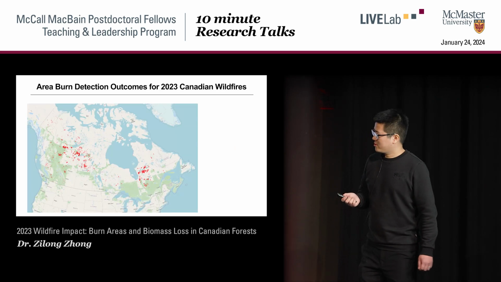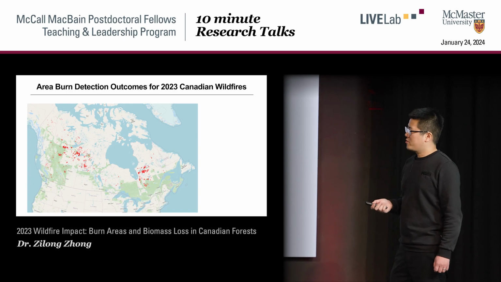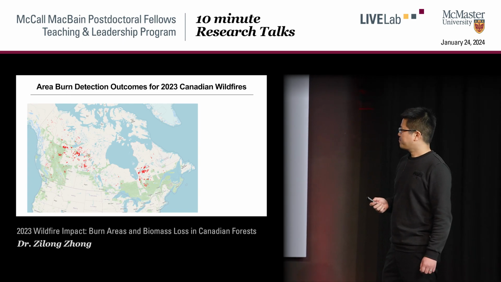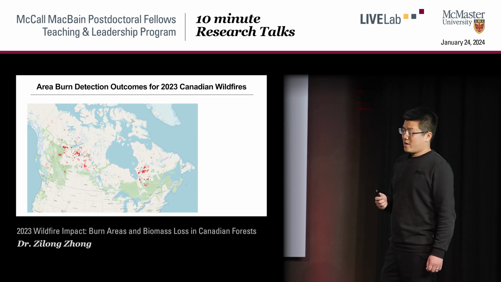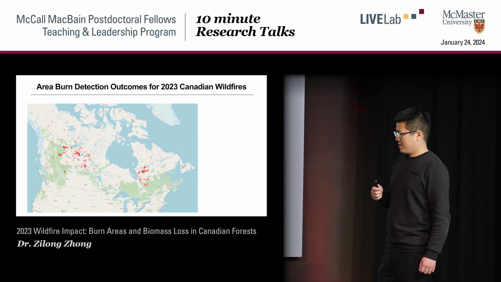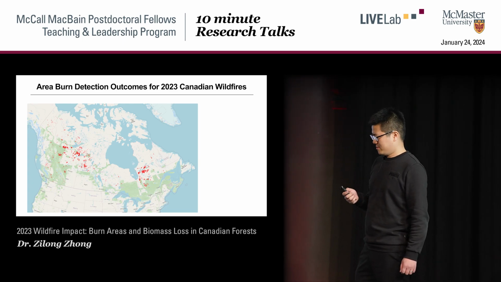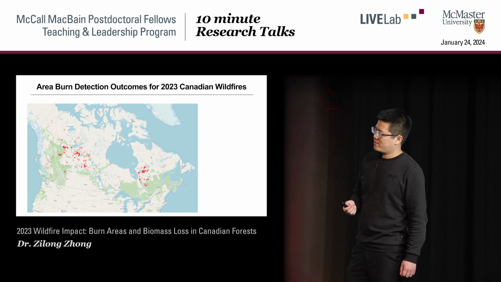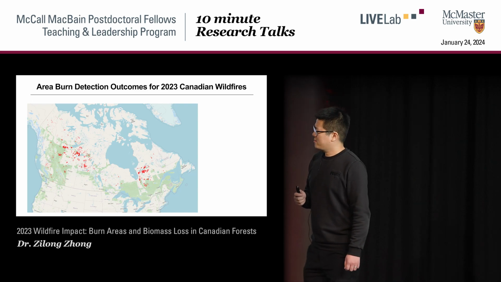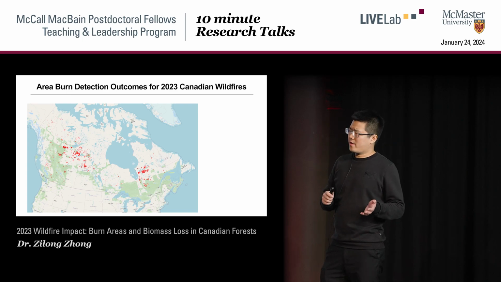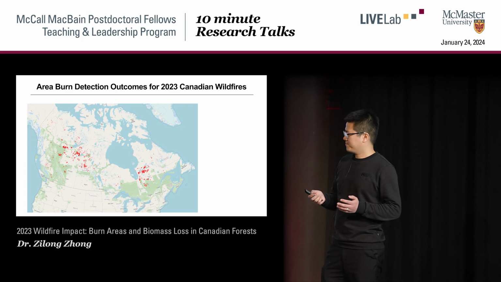So this image showcases our burn detection results for the 2023 wildfires. Can you guess how many million hectares were burned in Canada last year? To put it into perspective, 1 hectare is roughly the size of 1.5 soccer fields.